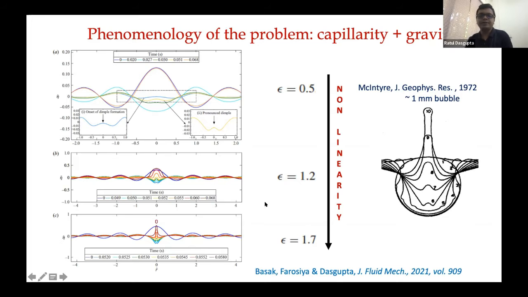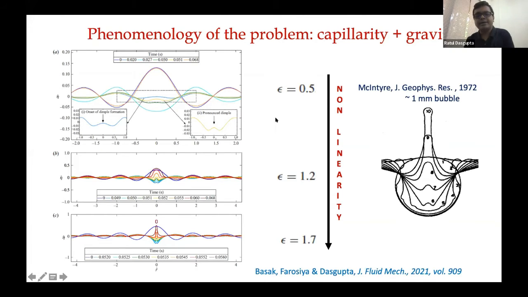And so we are interested in asking, what is exactly the nonlinear contribution, and to what order of nonlinearity do we need to go? Now, the important observation here is that this dimple, which eventually serves as the precursor to this jet, starts appearing at epsilon as low as 0.5. Although at these epsilons we really don't see a jet, the dimple already is there.